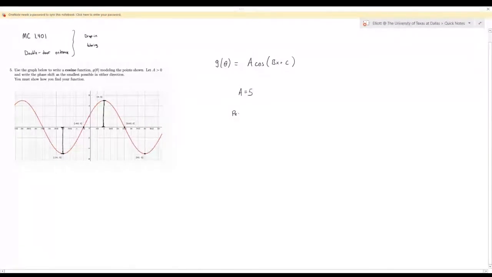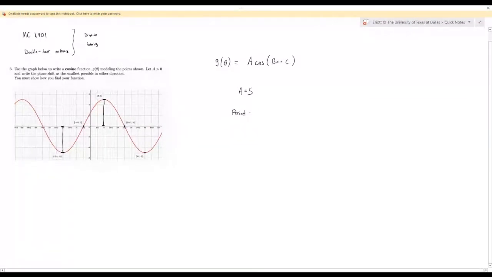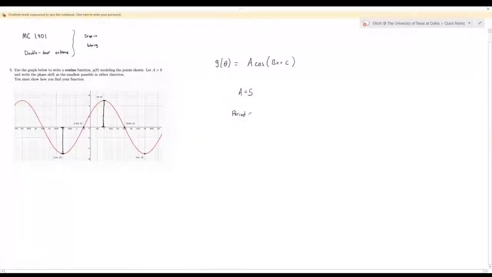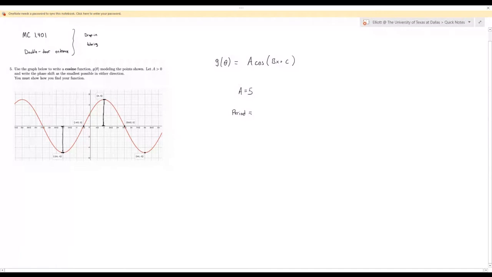Let's try to figure out the period next, because knowing the period will tell us what B should be. To get the period, you can look at the distance between two high points, or between two low points, for instance.